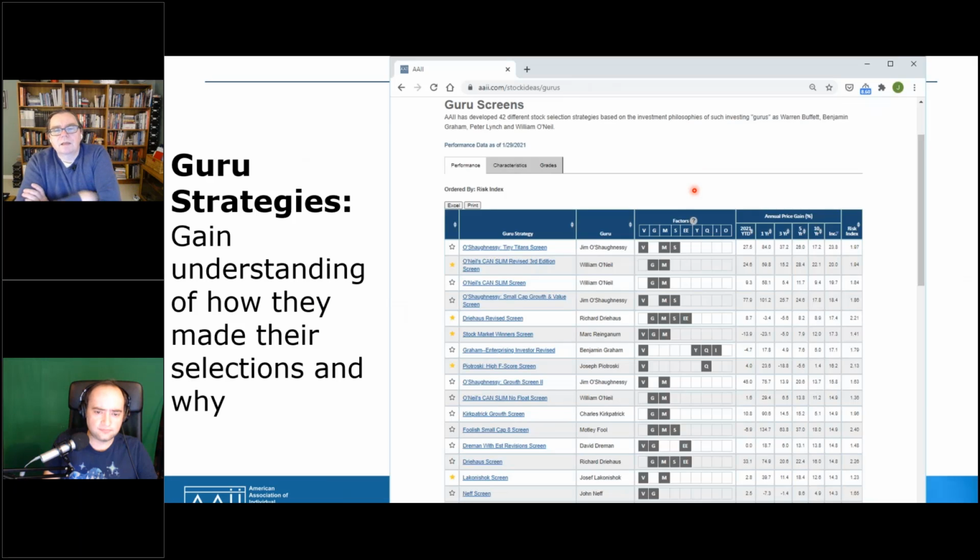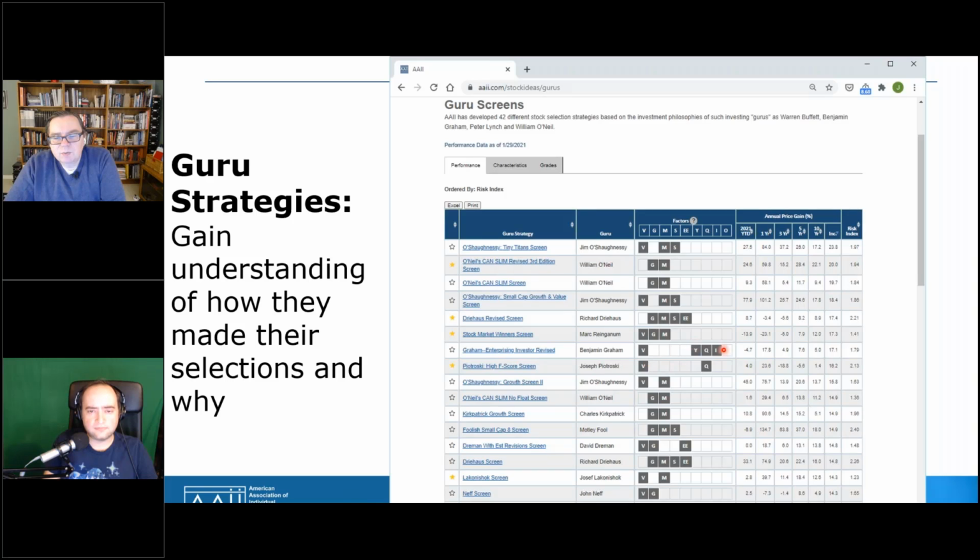These factors, in a very broad sense, help you understand what are the elements driving any particular screen. So the stock market winners screen has elements of value, elements of growth, elements of price momentum. The Graham enterprising investor screen has elements of value, elements of dividend yield, some quality, and has some industry considerations.